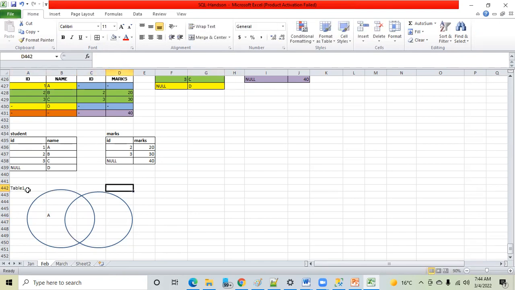Table 1 and table 2. Think and then give me the answer. I want area A. So from these two tables, this is table 1, guys, and this is table 2. Now let me make it random.